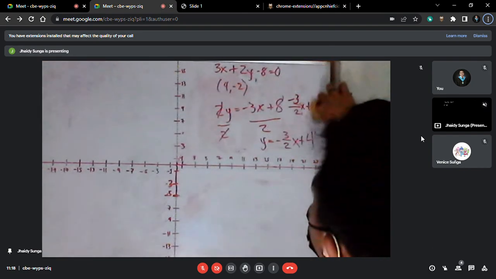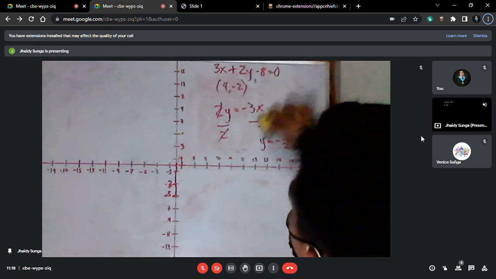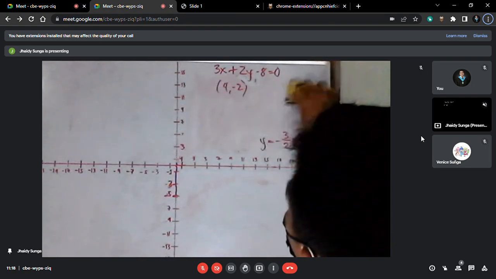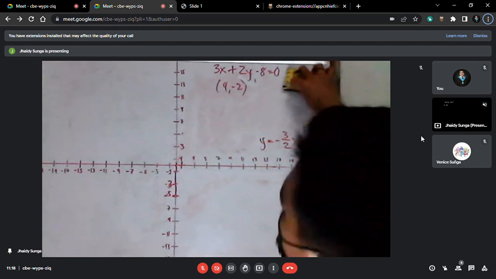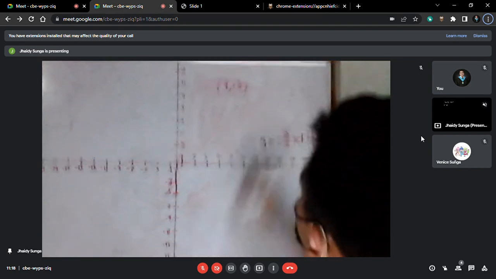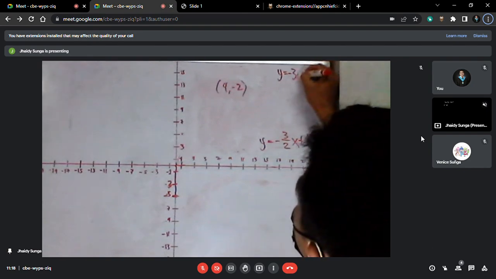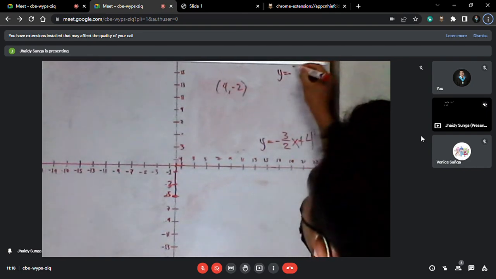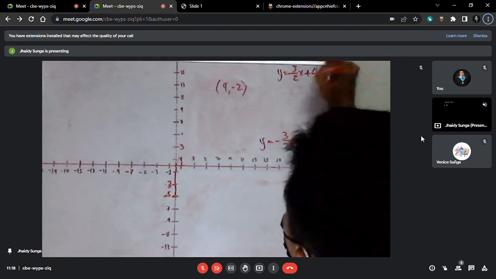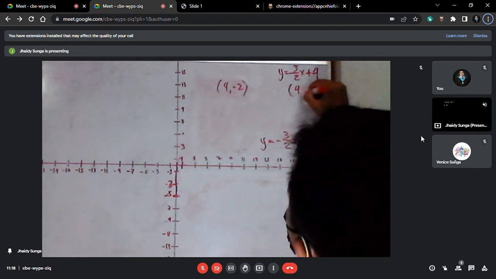Now, the question is, sir, how are we going to know if the point 4, negative 2 is on the line? So from this one, I will be erasing this and taking down note of the line that we have, negative 3 halves x plus 4, and the point 4, negative 2.